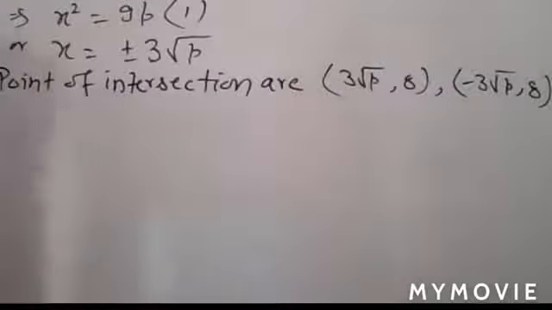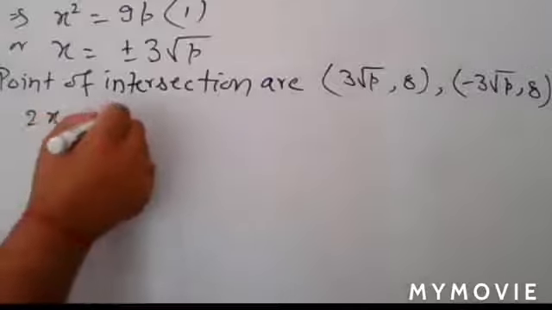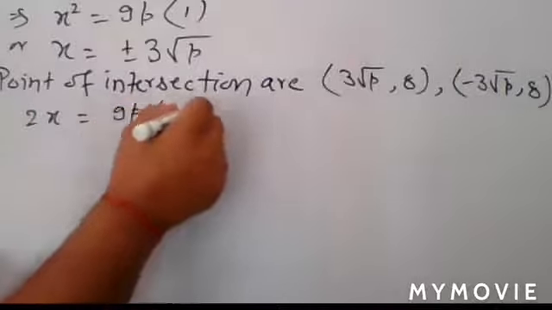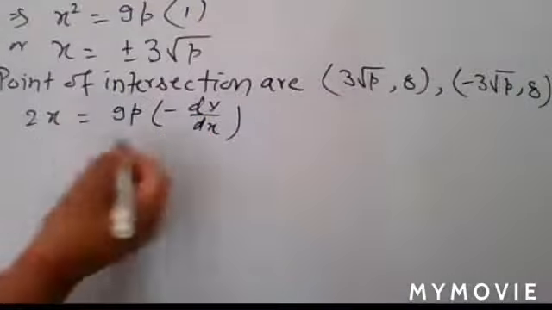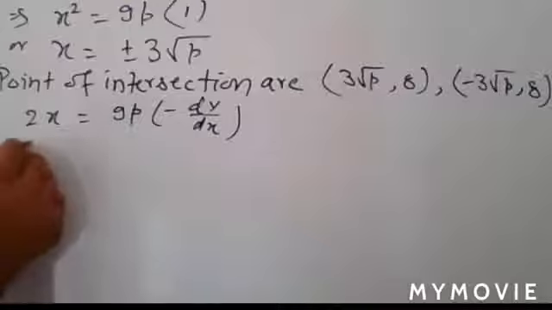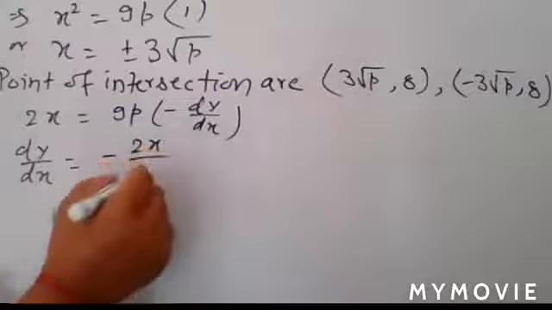Now, after that, you differentiate equations 1 and 2 and find the value of dy by dx at the given points. Your first equation: 2x is equal to 9p into minus dy by dx. Check this step. Okay, so the value of dy by dx is equal to minus 2x upon 9p.